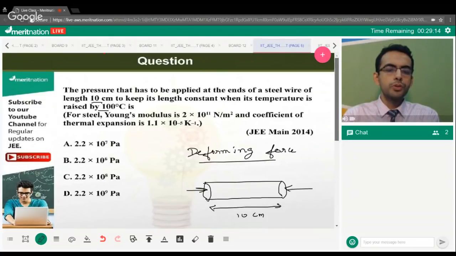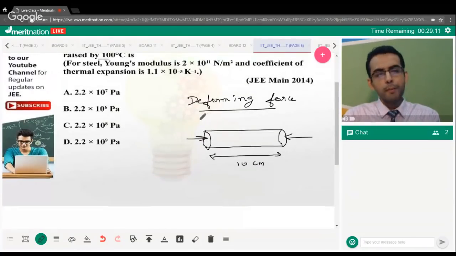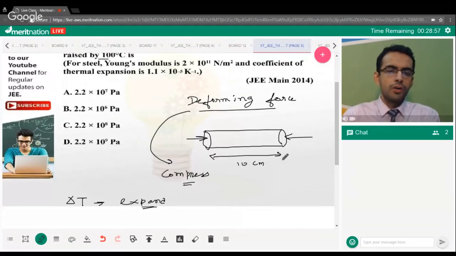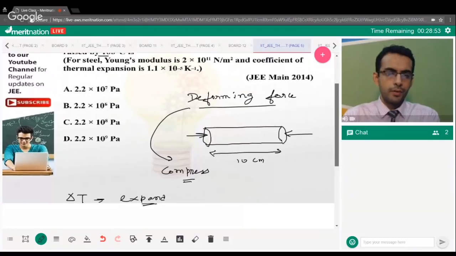So due to the increase in temperature, deforming force is trying to compress it, and the change in temperature is trying to expand it. So here also there are two factors that are opposite to each other.